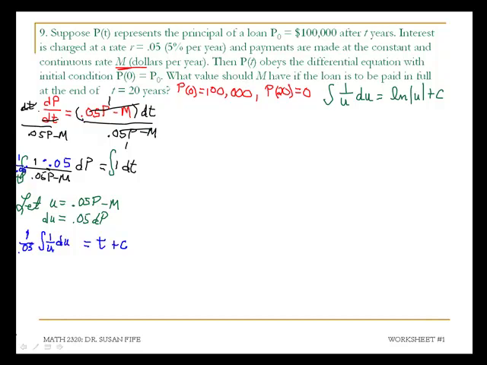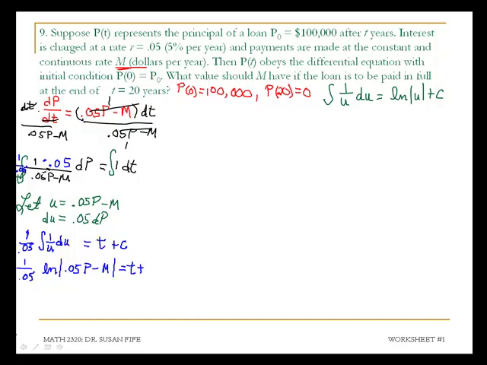So back to the left side, when you integrate this 1 over u, you get natural log of u, and in place of the u, I'm going to put my 0.05P minus m. And then you get plus a constant of integration, but because I have a constant of integration already on the right side, those incorporate together.